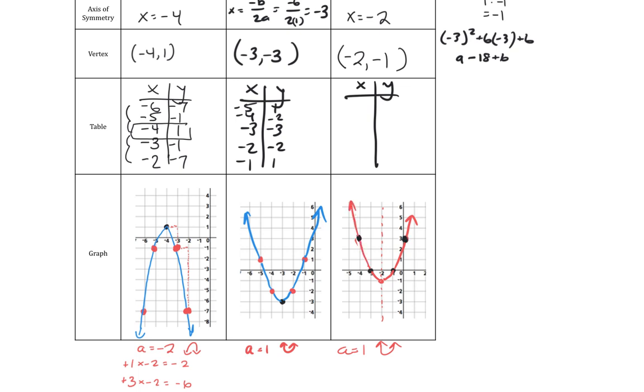Okay. So I've got a vertex at -2, -1. I've got -1, 0 and -3, 0. And then 0, 3 as well.